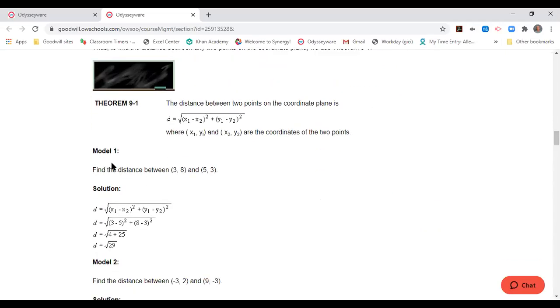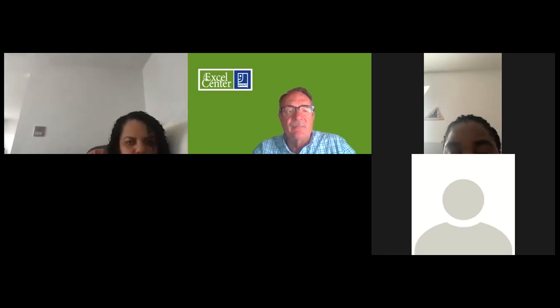If we're trying to find the distance between these 2 points, 3, 8 and 5, 3, part of the reason that we have to use the distance formula is because with diagonal lines, you can't just count the squares.